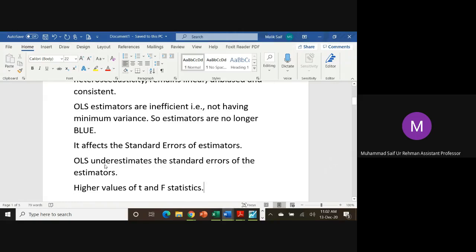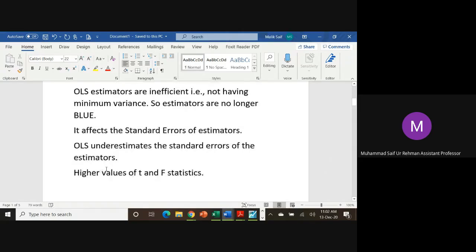Higher values may guide you to the rejection of the null hypothesis. Then statistically significant coefficients may result.